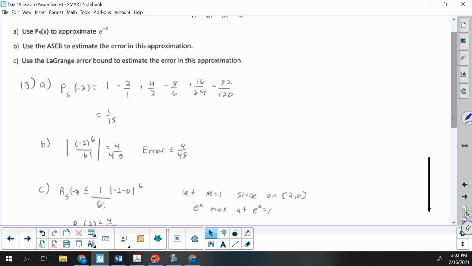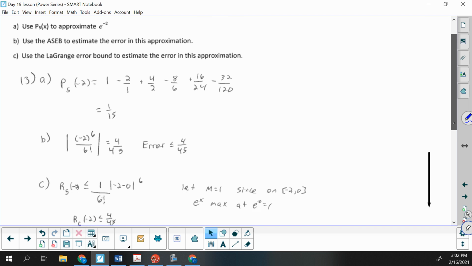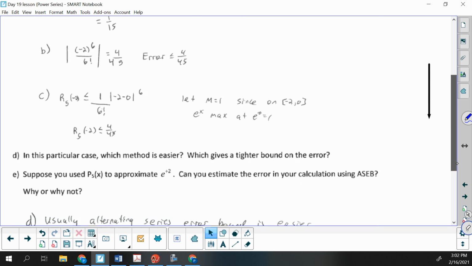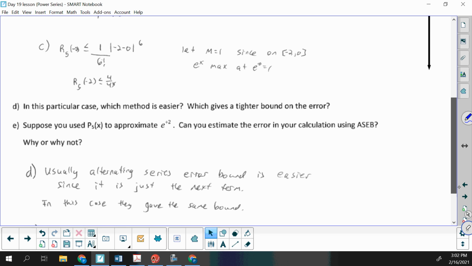Well, the 6th derivative of e to the x is still just e to the x. And if you think of the graph of e to the x from -2 to 0, 0 is going to be the highest value, and that's something nice. It's 1. So just put in 1 for your M. You've got -2 minus your center of 0, absolute value of that raised to the 6th, and then over that next term factorial, 6 factorial, happens to give us the same thing here, 4/45.